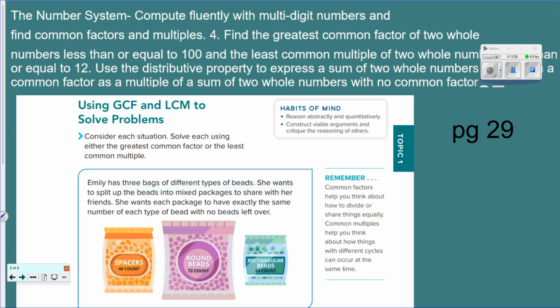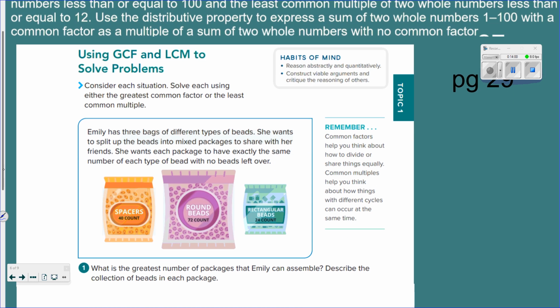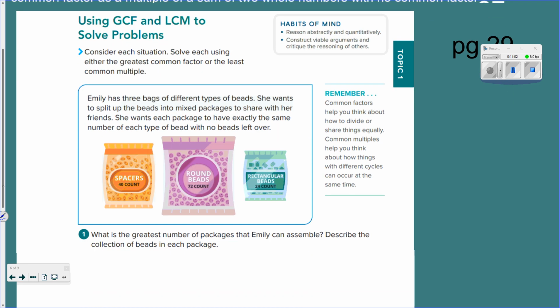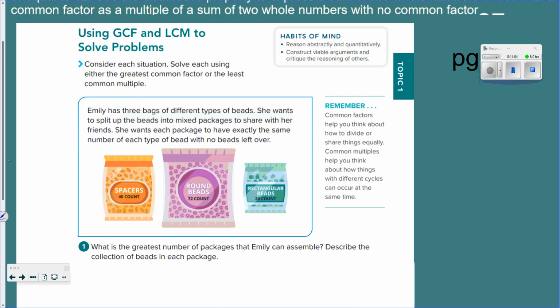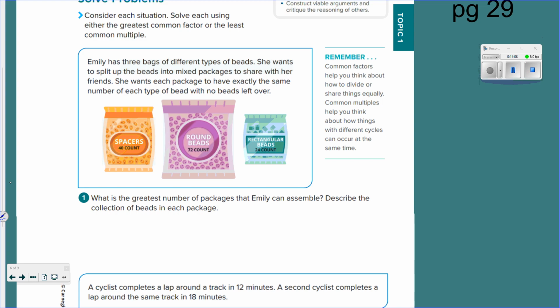No, we're not doing homework yet. We're on page 29. Okay, consider each situation. Solve each using either the greatest common factor or least common multiple. Emily has 3 bags of different types of beads. She wants to split up the beads into mixed packages to share with her friends. She wants each package to have exactly the same number of each type of bead with no beads left over.